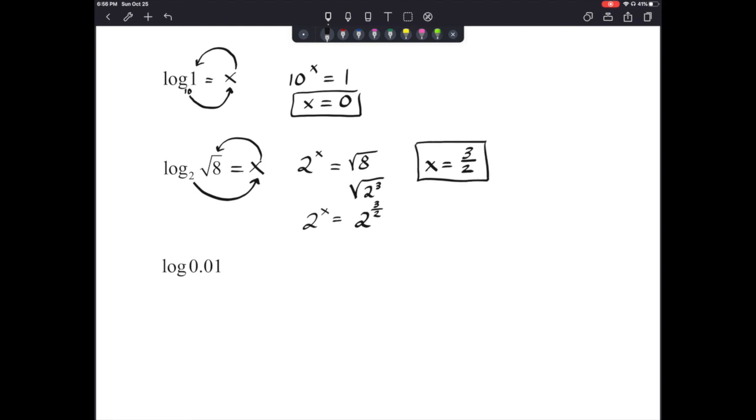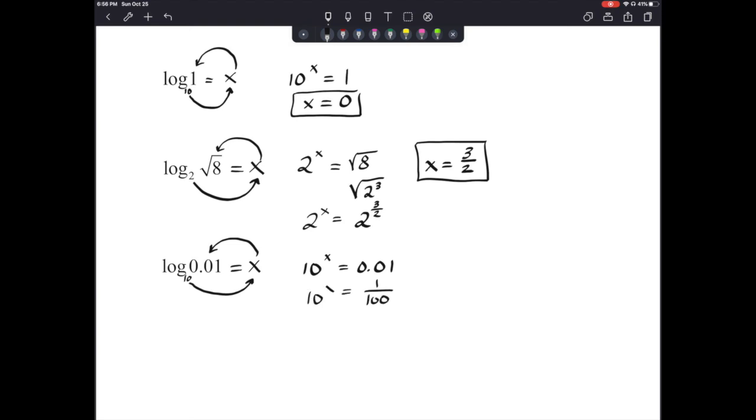And now we've got log of 0.01. So again, this is one where our base is 10. We're going to say 10 to the power of x is equal to 0.01. There's a couple ways you can approach this. If you think of 0.01, that is 1/100th.